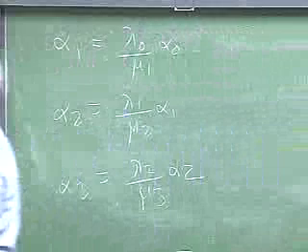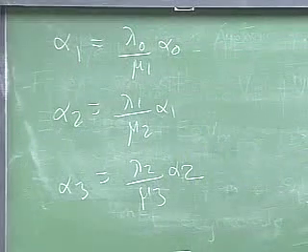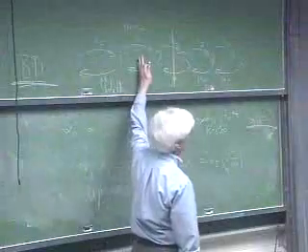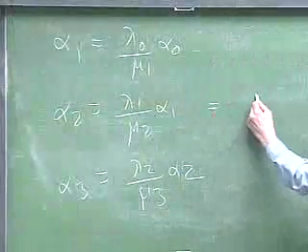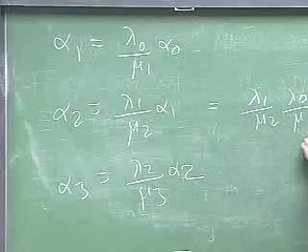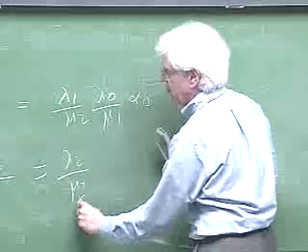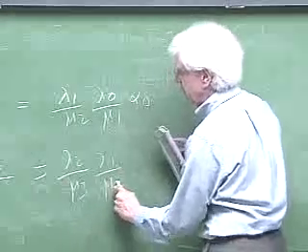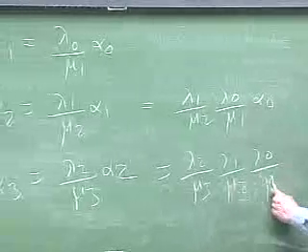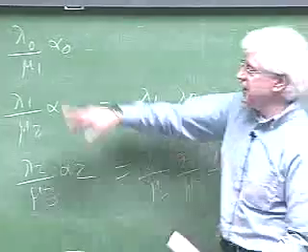In other words, I'm just writing this equation with cuts at each place. If I cut here, I get the first equation. If I cut here, I get the second equation, and so forth. So I get lambda 1 over mu 2 times lambda 0 over mu 1 times alpha 0, and then lambda 2 over mu 3 times lambda 1 over mu 2 times lambda 0 over mu 1 times alpha 0.